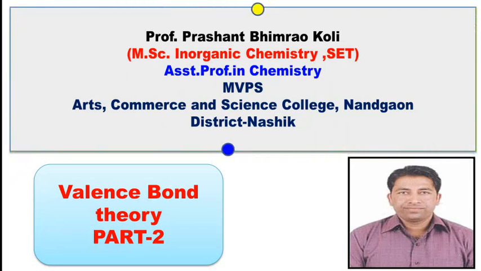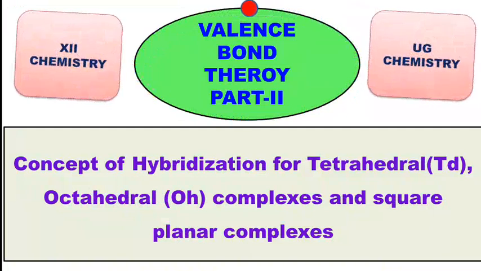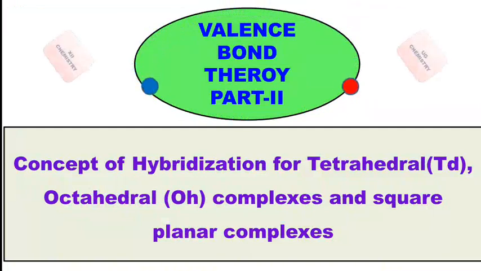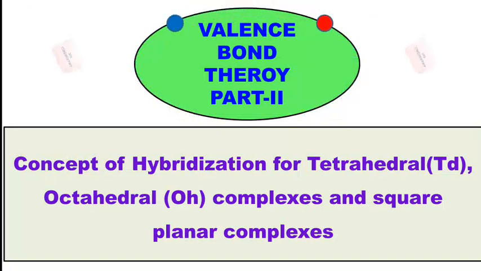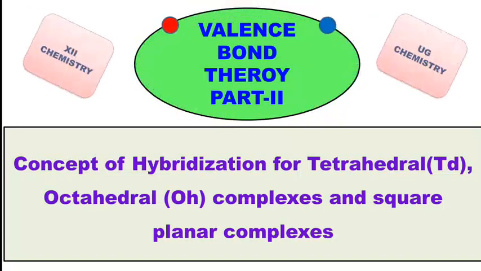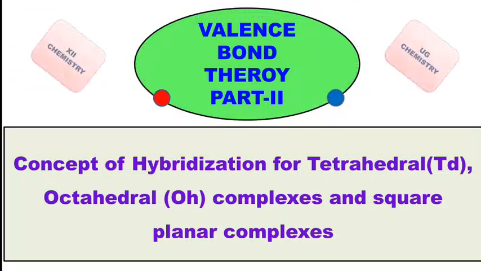Dear friends, in this valence bond theory, today we will discuss the bonding in tetrahedral, octahedral and square planar complexes. This topic is included for UG chemistry students as well as class 12 chemistry students.